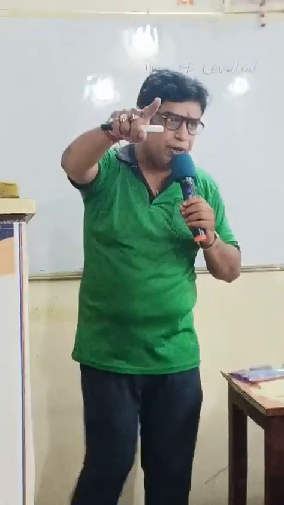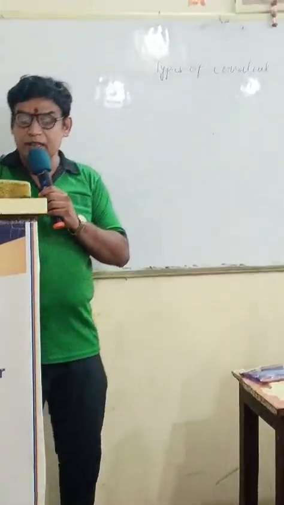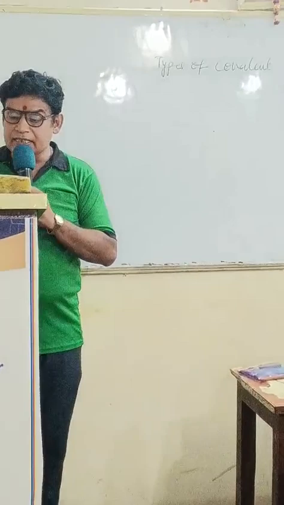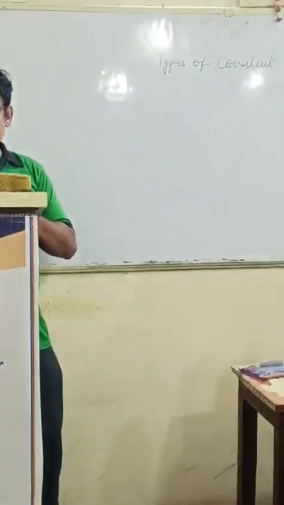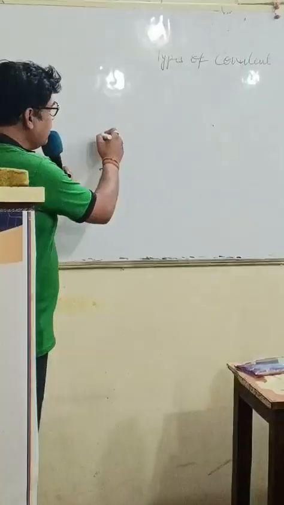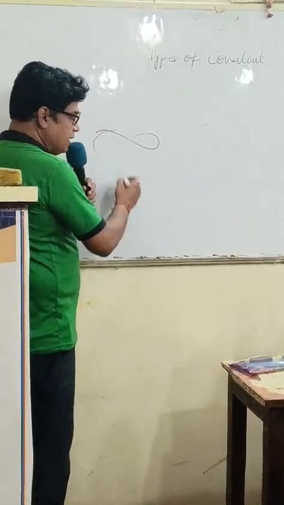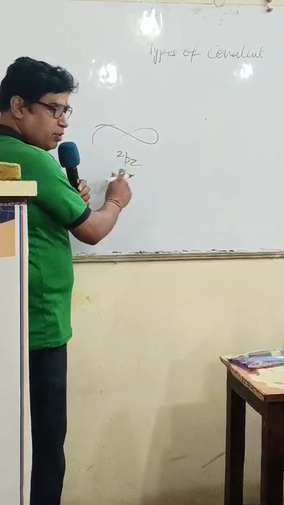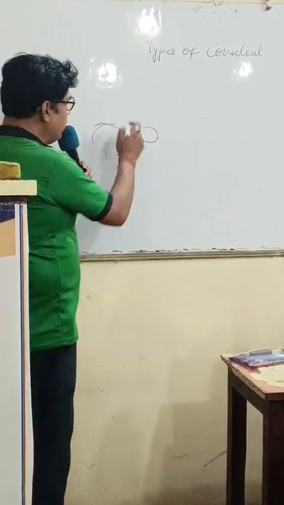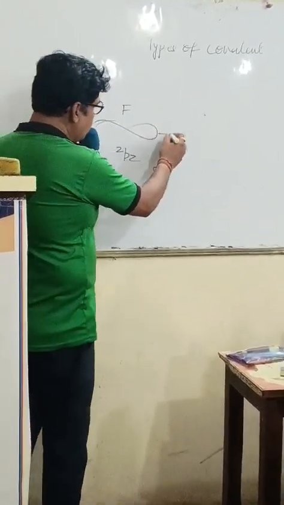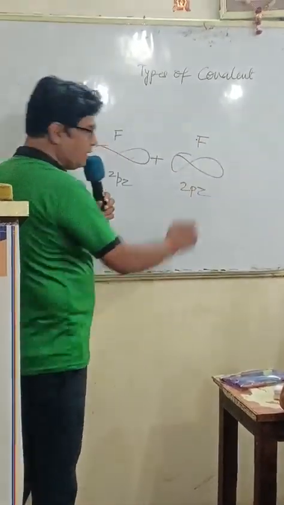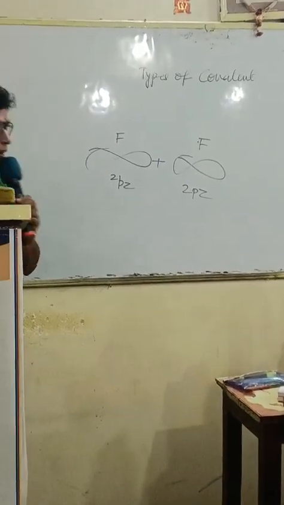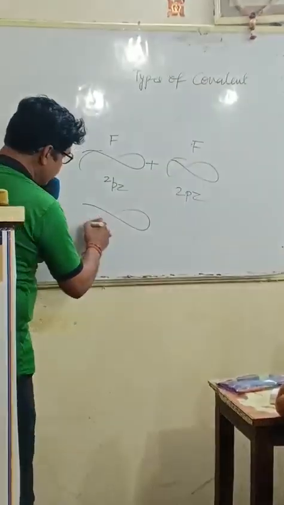pp overlapping कब होती है? When one p orbital overlaps with another p orbital. जैसे फ्लोरीन एटम, फ्लोरीन के दो हाफ फील्ड हैं, तो एक फ्लोरीन का 2pz और दूसरे फ्लोरीन का भी 2pz. जब ये आपस में ओवरलैप करेगा तो ये ओवरलैपिंग कुछ इस तरीके की होगी.